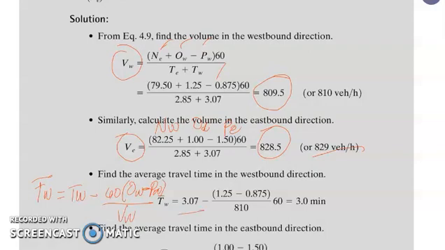Our O of W is 1.25. Then our P of W is 0.875, all over V sub W, which we have computed, which is 810, times 60, which gives us 3.0 minutes.